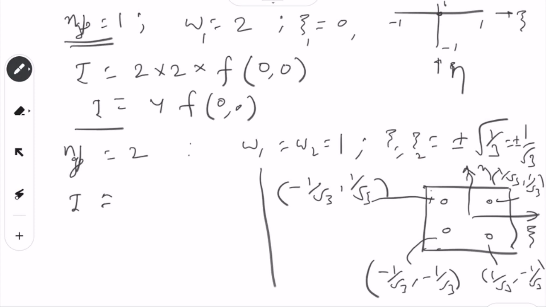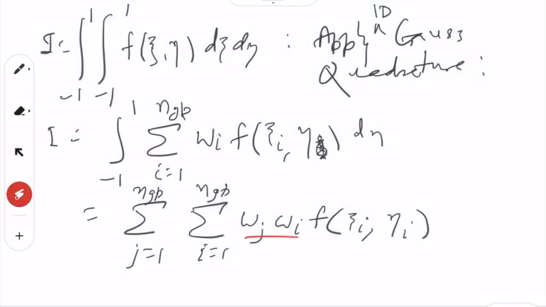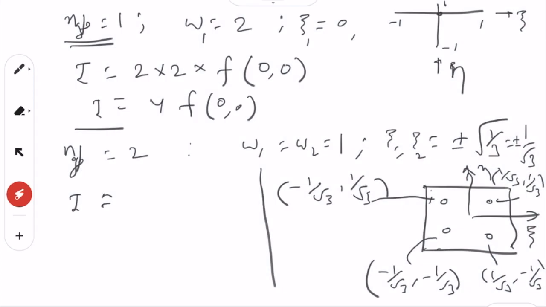So basically, what is the meaning of this? We have W1 W1, W2 W1, W1 W2, W2 W2, and we have to do it like this, where xi1 has this value, and xi eta also has the same value.